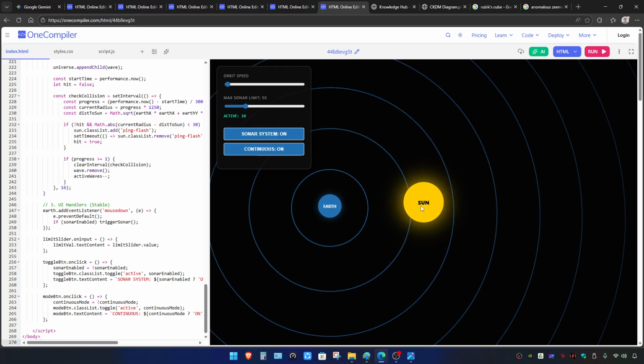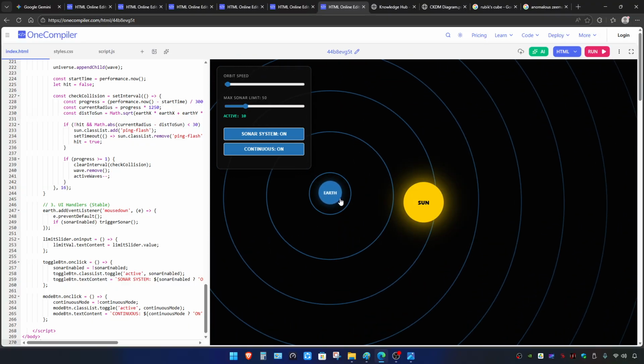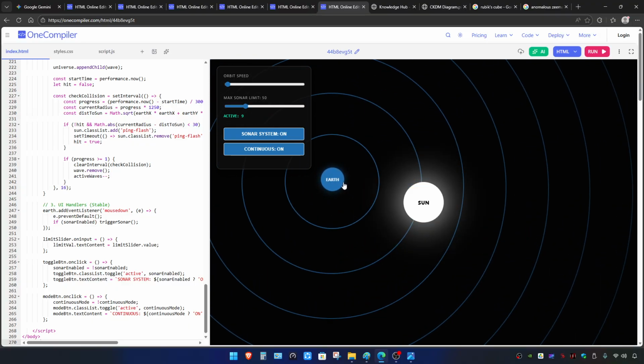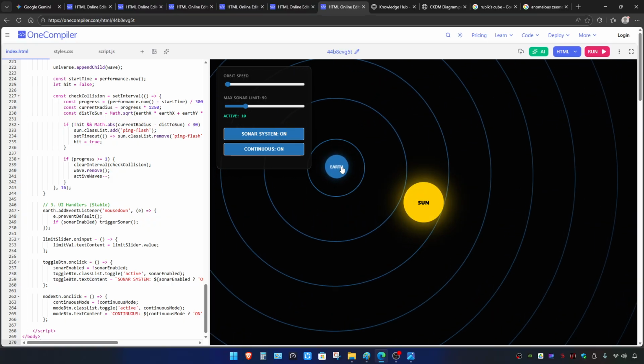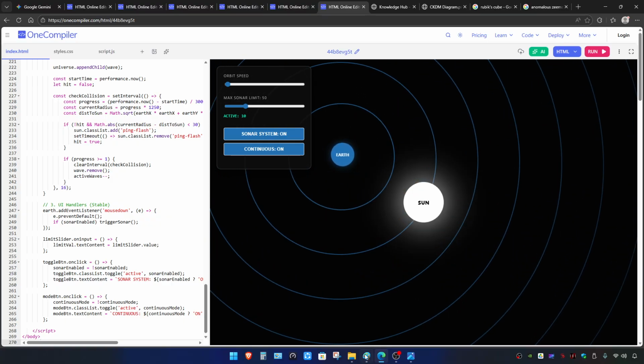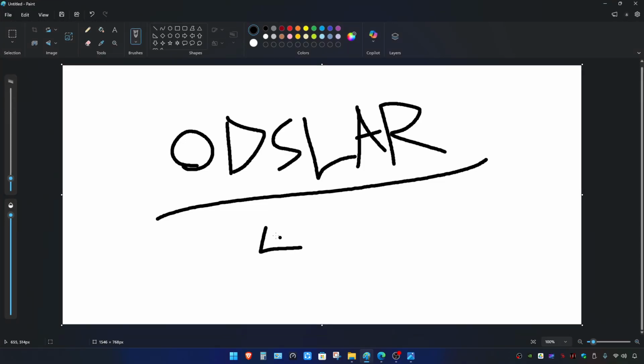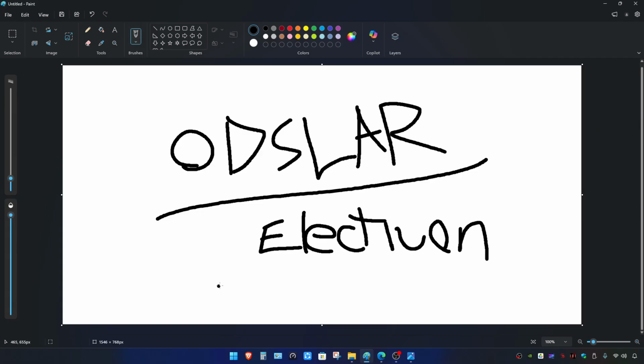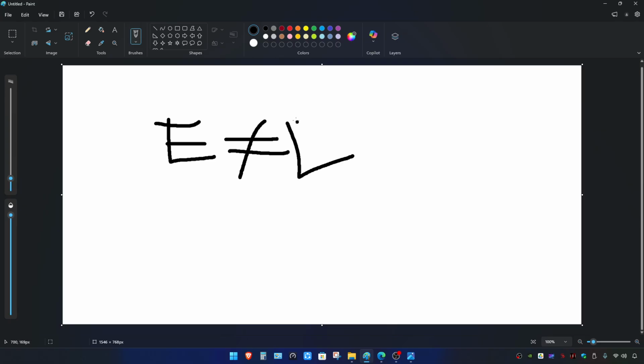Like the sun is sending too much heat to the earth, and this is the exact reason why the earth does not want to fall into the sun. Because what do we know about electrons? The thing about the electron is, electrons hate each other.